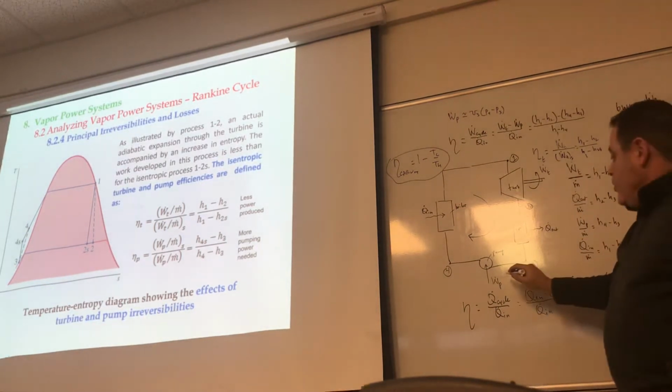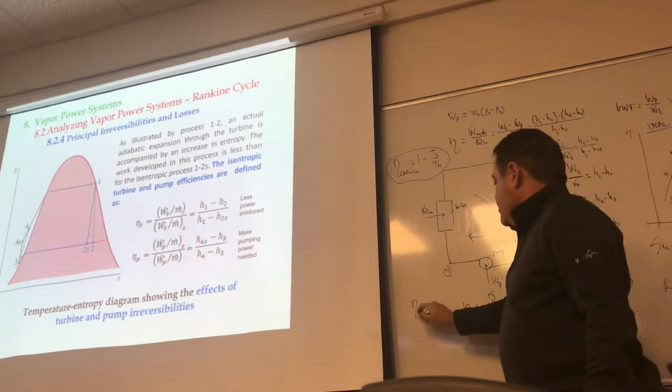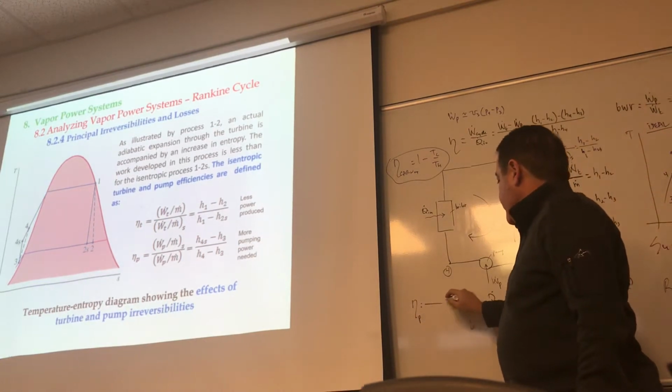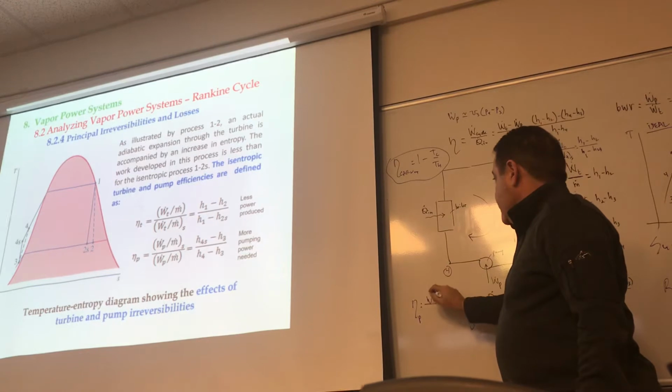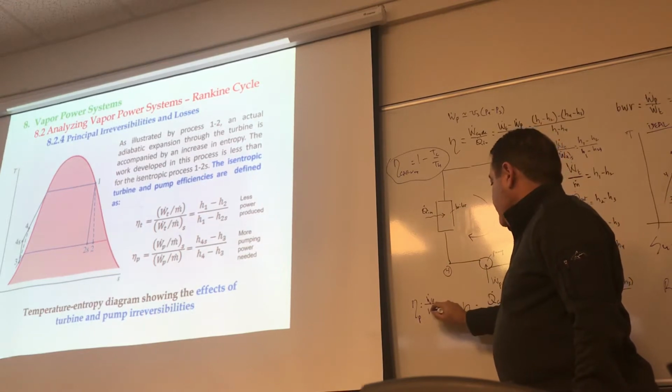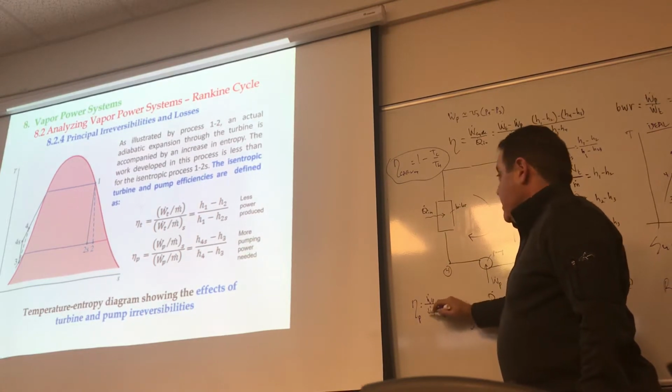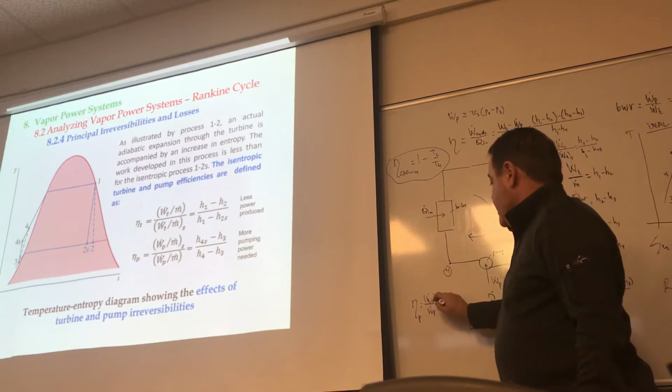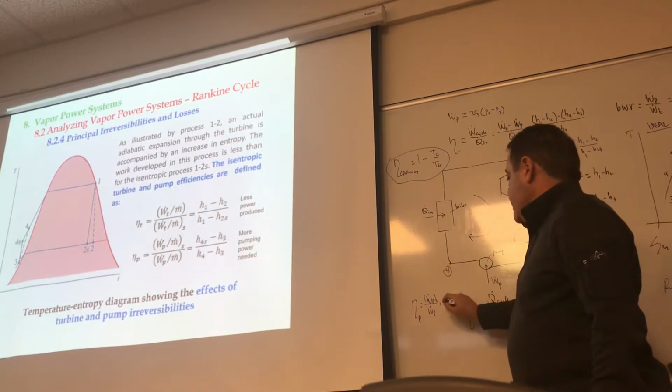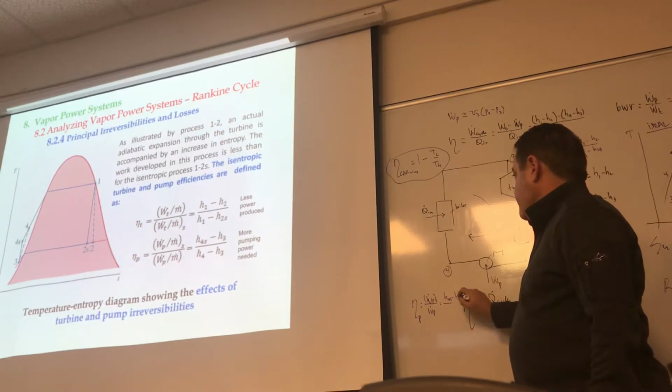When you do the isentropic efficiency of the pump, again, it's the same thing. It's WP divided by WP, but now it's the reverse. Why is that? Because you're putting more in.